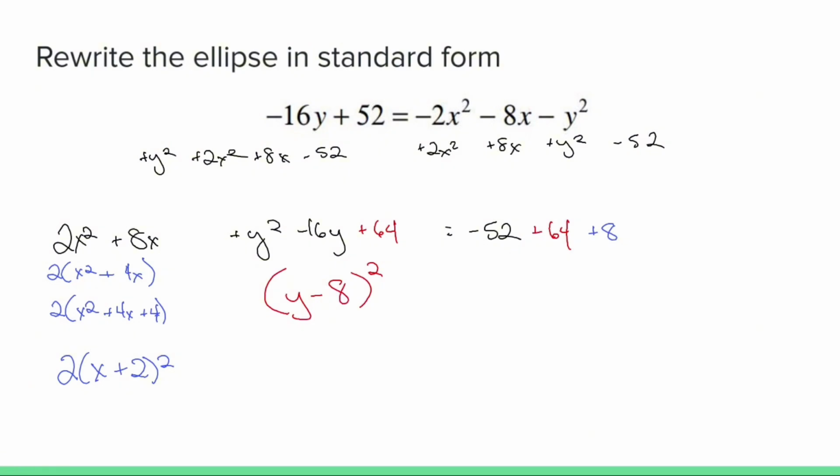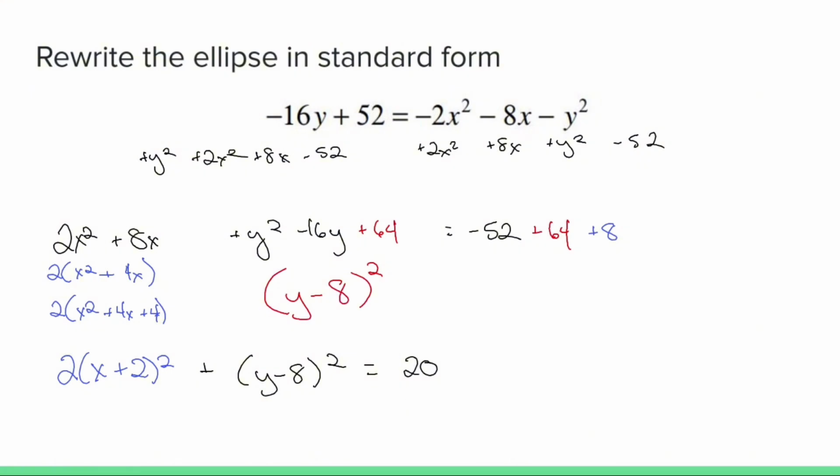All right, so let's drop down everything else that we have. 2 times x plus 2 squared plus y minus 8 squared equals negative 52 plus 64, which is 12, plus 8 is 20. That's not pretty at all. Now ellipses are supposed to be equal to 1.